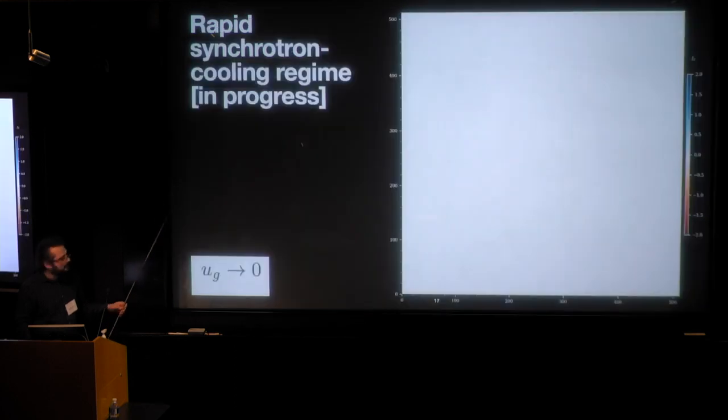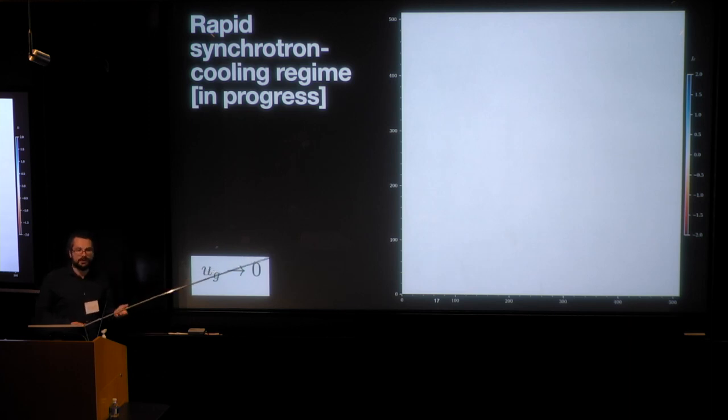For example, we have one case where the radius of the ring at each time step goes to 0. This is an artificial way to introduce synchrotron cooling, when the particle moves along the magnetic field and loses energy and emits radiation. But this is artificial. We just put the ring radius to 0 every time.